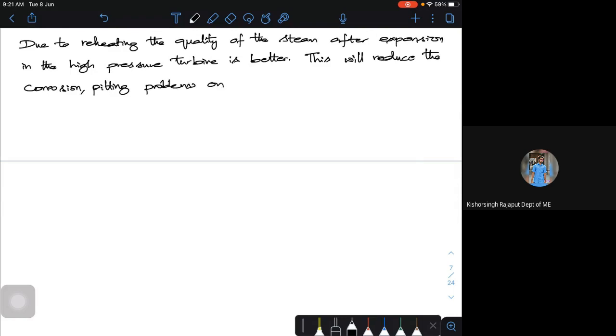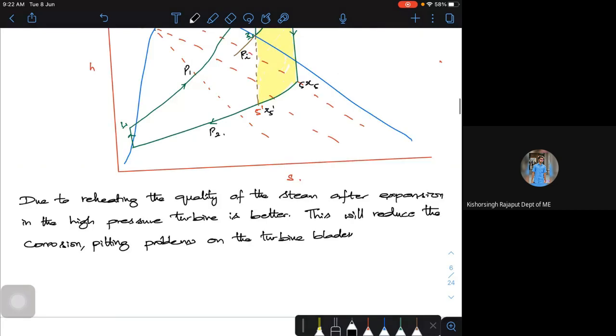Pitting means material removal. Because of the wet content, a certain amount of material will get removed from your turbine blades.